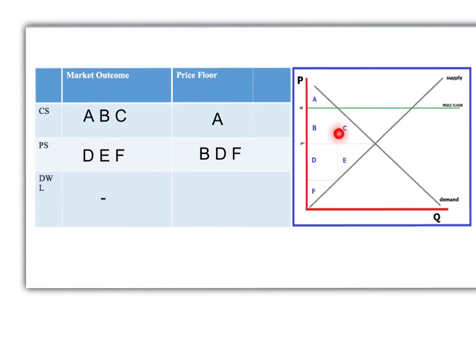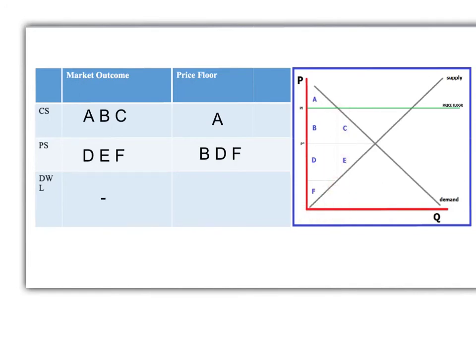And so for all of these units from 0 up to this quantity, we have to look at the area that's above the supply curve but below the price that they actually receive. So it's what's above their costs and below the price they receive, just for the quantities out to the equilibrium with the price floor.